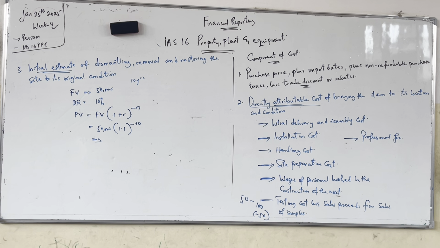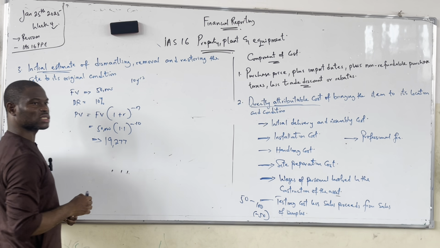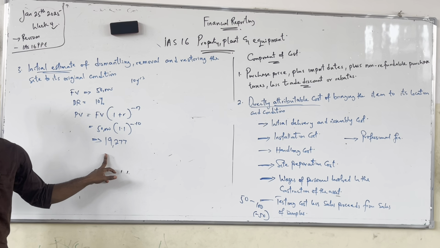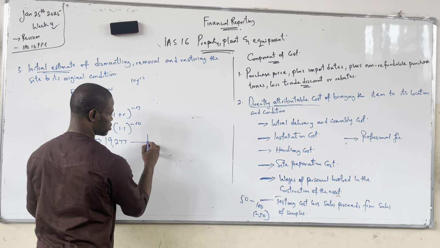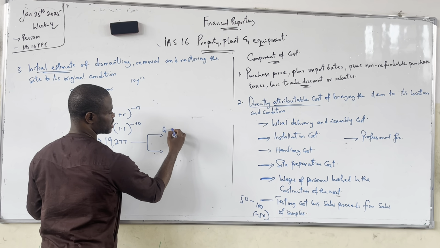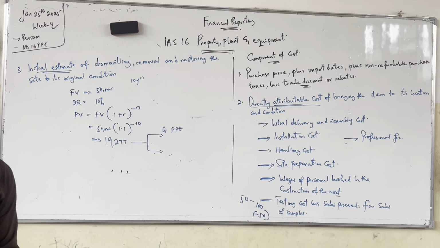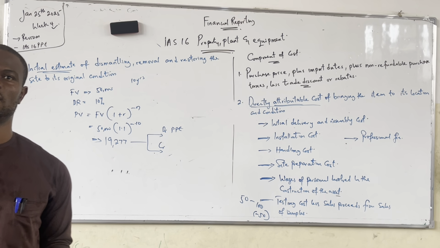Whatever you get, multiplied by 50,000. 19,277. This is what you are going to recognize as part of the cost of that asset. So that means with this amount, you are going to debit that PPE. With this amount, you debit the PPE. What do we credit?